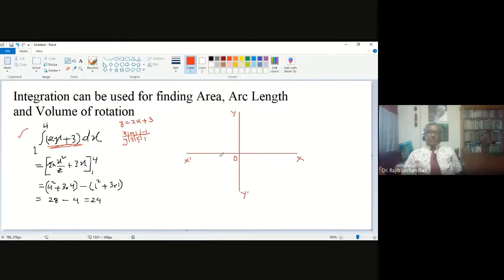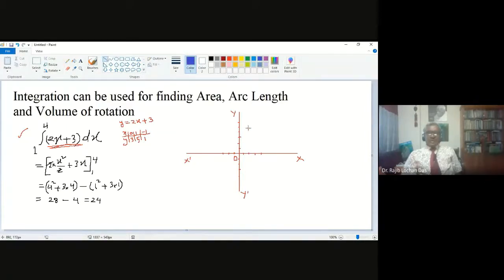So there will be 1, 2, 3, 4 here, and -1, -2 on the x-axis, and 1, 2, 3, 4 on the y-axis also. In this way, you can give the numbers on the scale on the x-axis and y-axis, and then finally you can get the line.